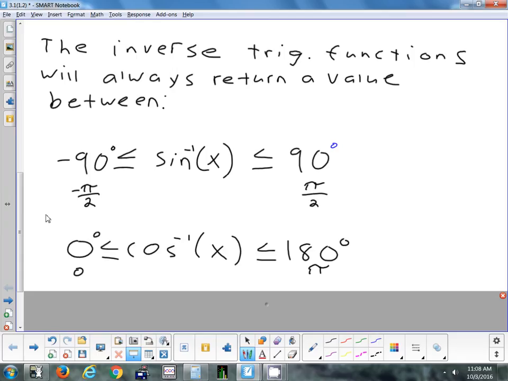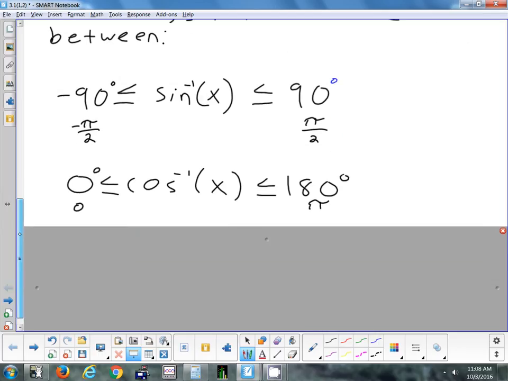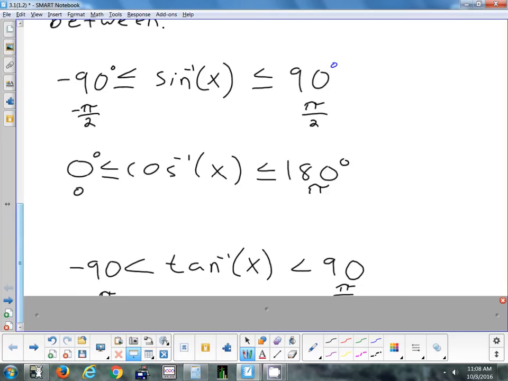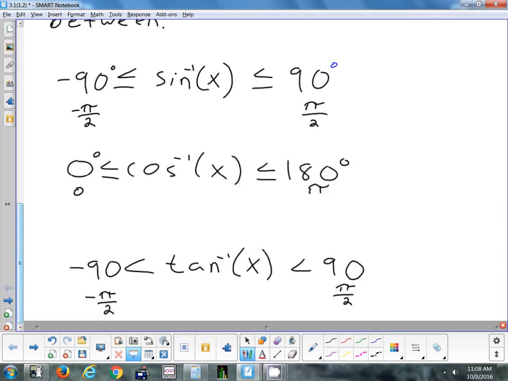Anytime you use inverse cosine, your answer will always be between 0 and 180. And inverse tangent, if you type that in on your calculator and evaluate it, you'll always get an answer on the calculator between negative 90 and 90.